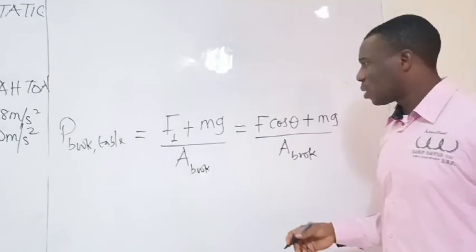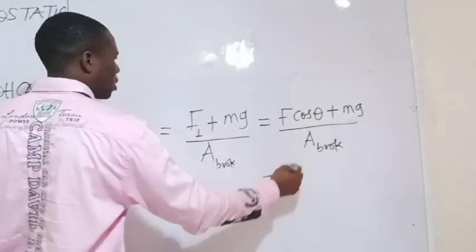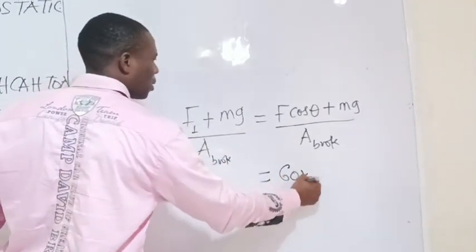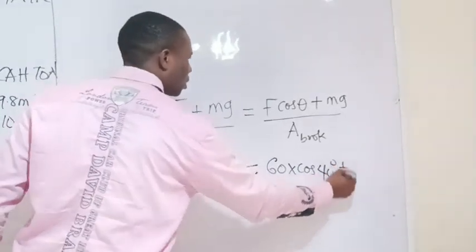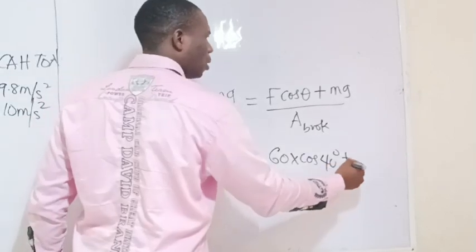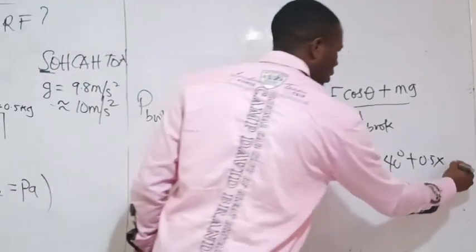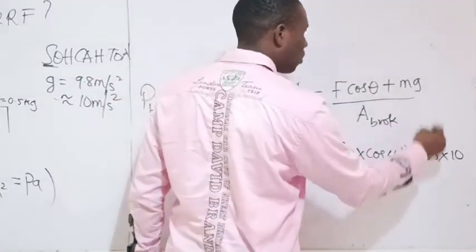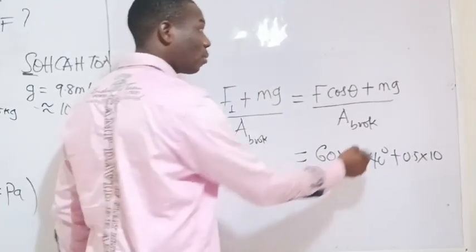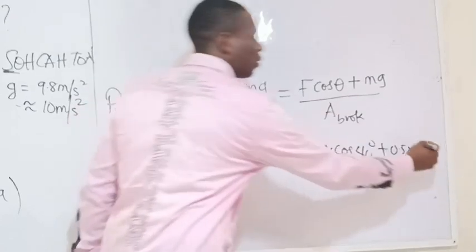So let me stick in the values now. The force is 60 times the cosine of the given angle, 40 degrees, plus the mass of the book, half a kilogram, times g, roughly 10 meter per second squared. Everything here boils down to Newton: kilogram times meter per second squared is Newton for a force.